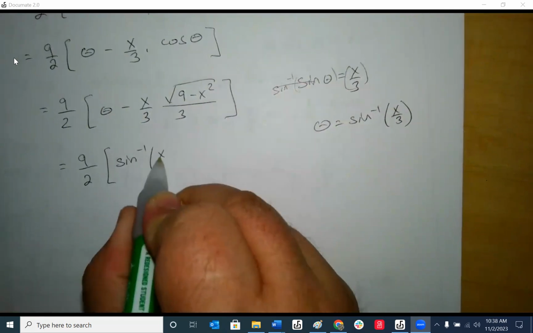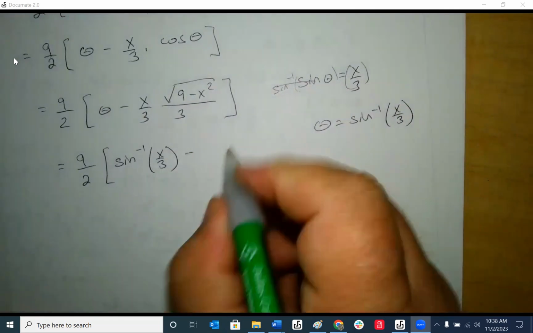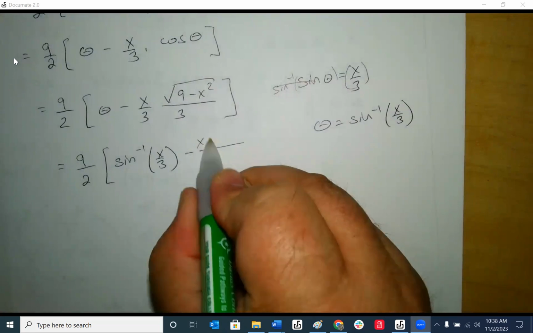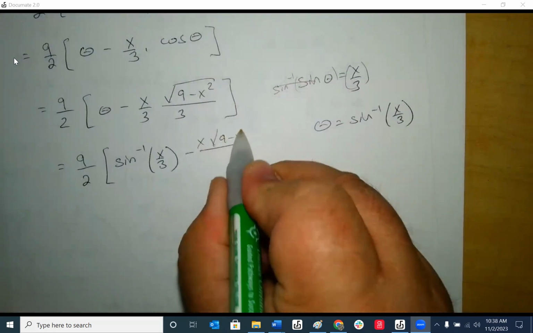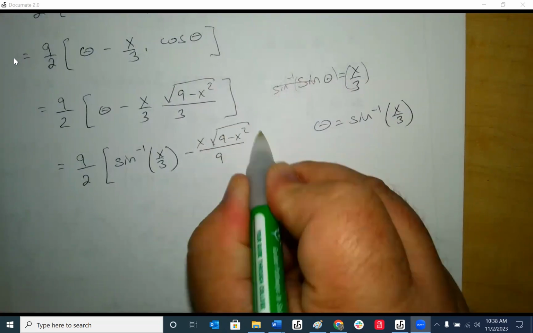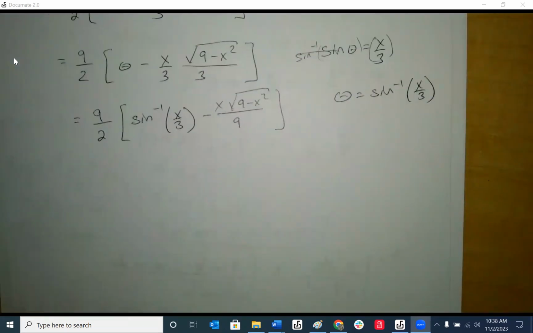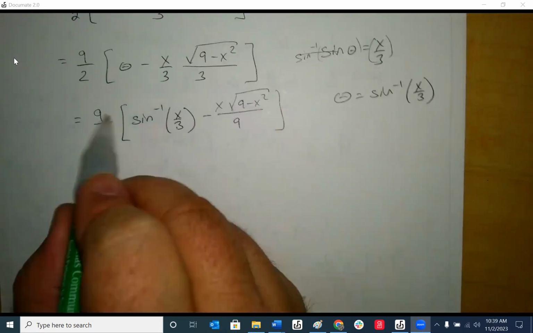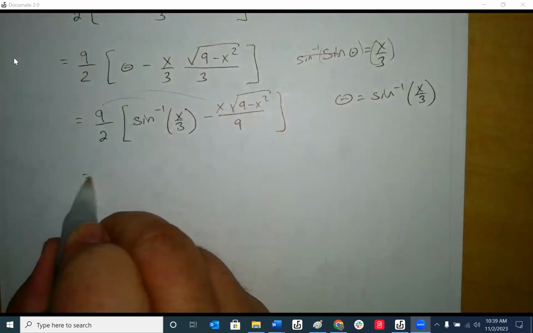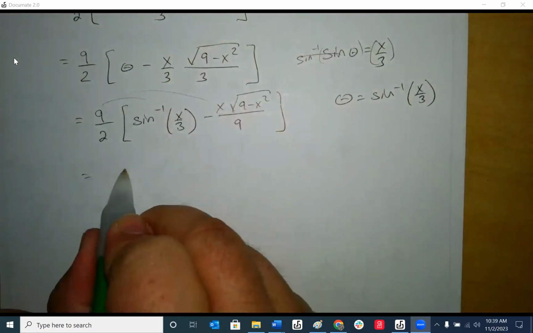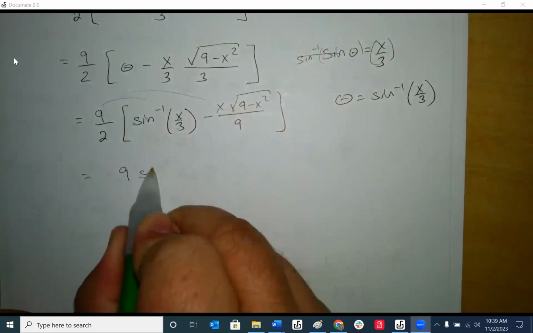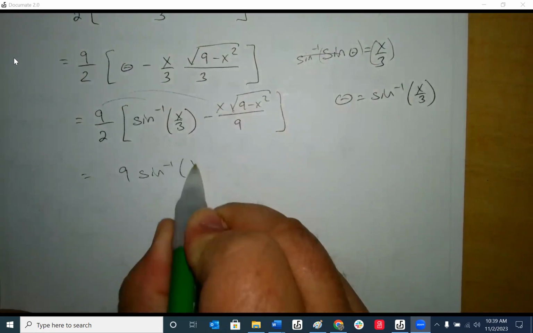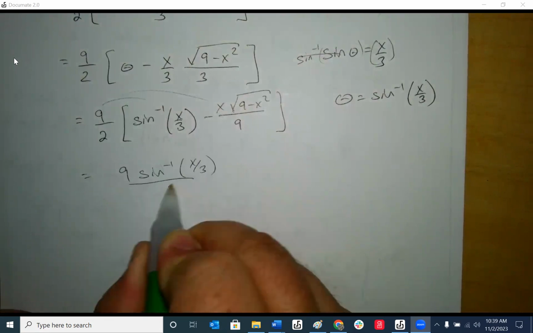So we have inverse sine of x over 3 minus x times the square root of 9 minus x squared over 9. Now we can distribute. We have 9 times inverse sine of x over 3, divided by 2.